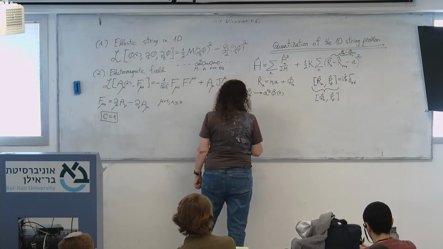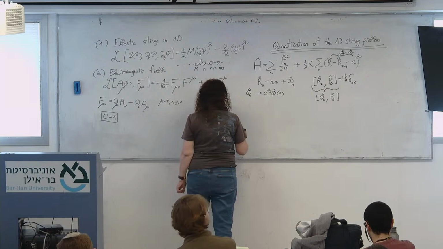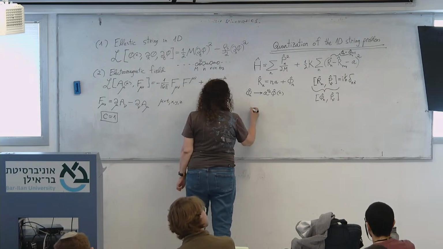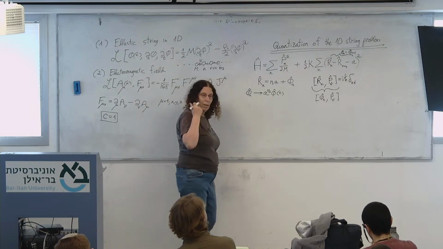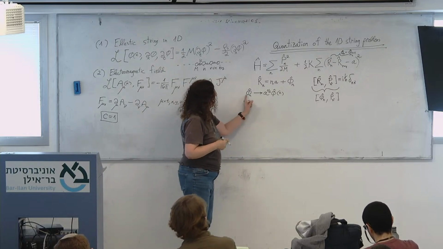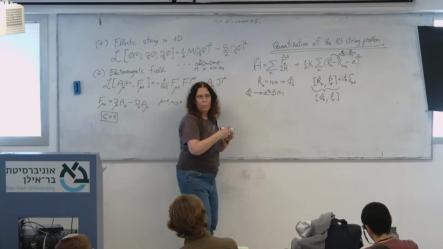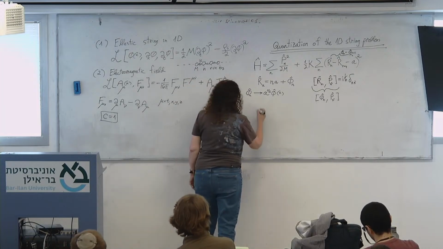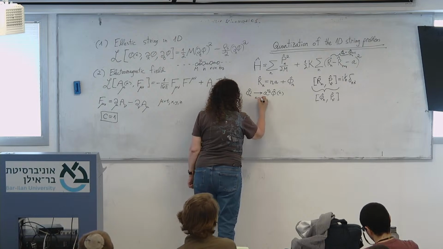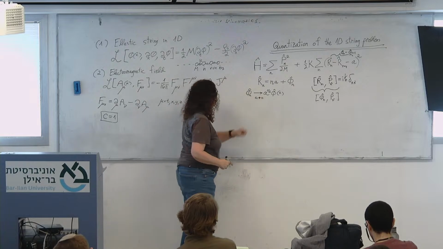And you'll see in a minute that it's going to be very convenient. And actually, we remember in the back of our heads that we're going to take the limit that a goes to 0. Okay, so this is the mapping that we do from discrete to continuum.